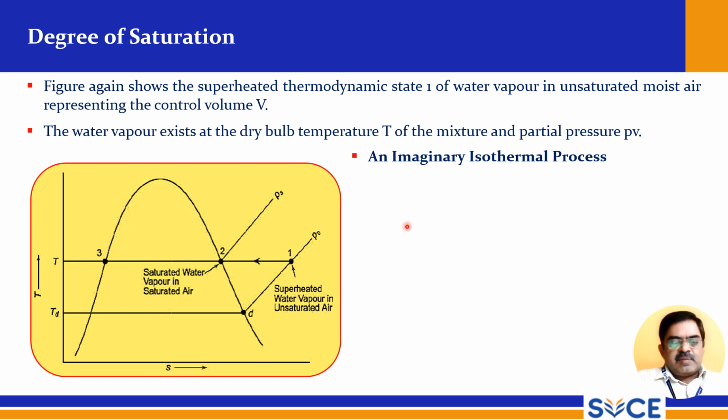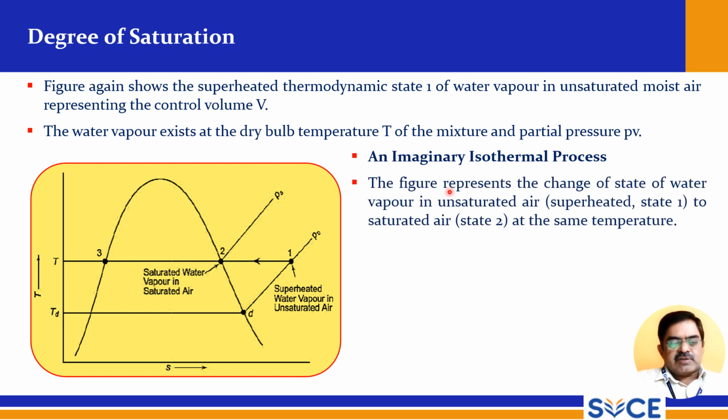An imaginary isothermal process is assumed here, and the figure represents the change of state of water vapor in unsaturated air, superheated at state 1, to saturated air at state 2. From the superheated state to saturated air forms the state 2 in this TS diagram at the same temperature.